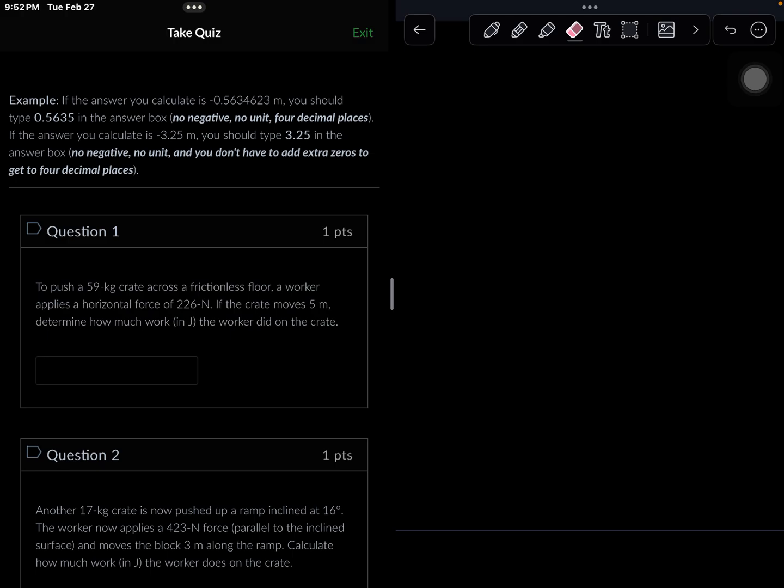Question number 1. To push a 59 kilogram crate across a frictionless floor, a worker applies a horizontal force of 226 newtons. The crate moves 5 meters. Determine how much work the worker did on the crate. This is a simple question. You could disregard the mass in this situation.